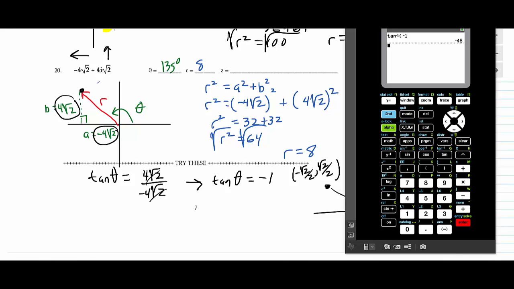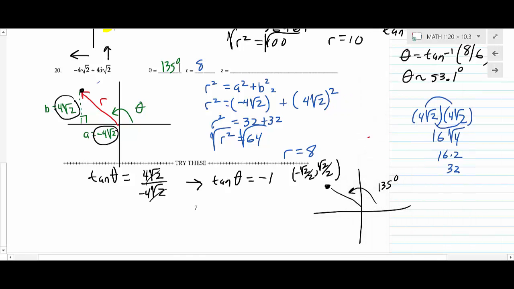Okay, now the way that I could tell immediately, I think some of you guys could too, is that it's going to be a 45-degree angle. How come? Because those things are the same, right? So if you can see that's a 45-degree reference angle in your head, then you can go 180 minus 45 is 135. But you do have to give me the 135, okay?